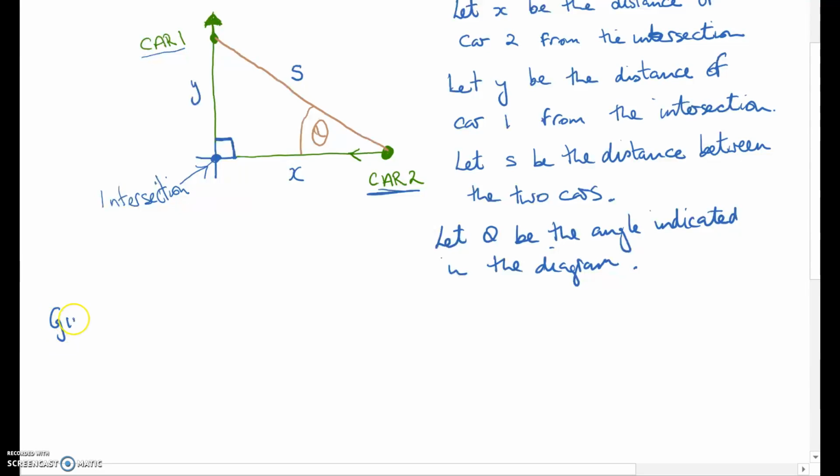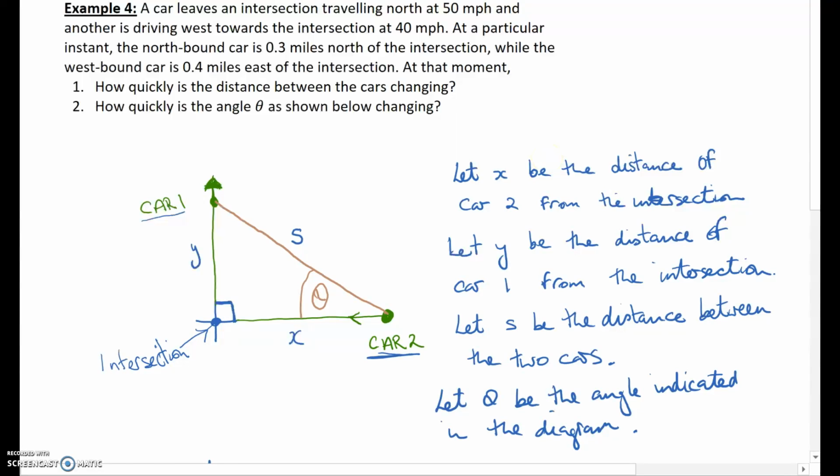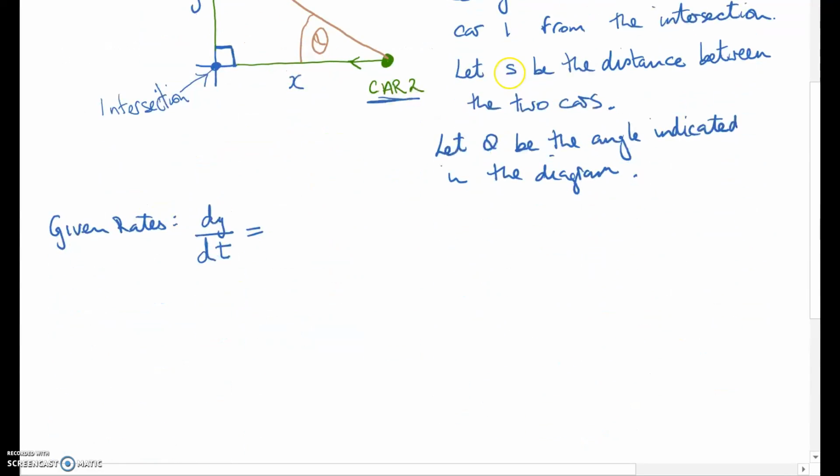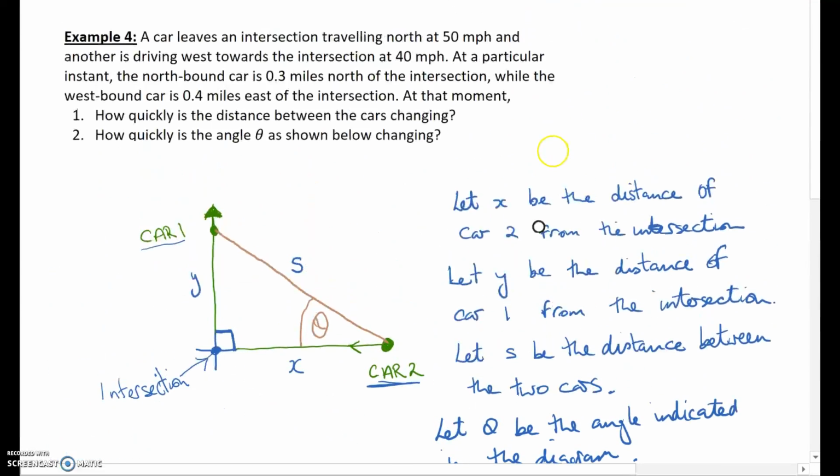And that's a general thing that I want you to take from this example and to hold on to. So the given rates, dy dt, we have to be very careful here. We said it's increasing because it's traveling away from the intersection at 50 miles per hour. So that distance, y, is increasing at 50 miles per hour.